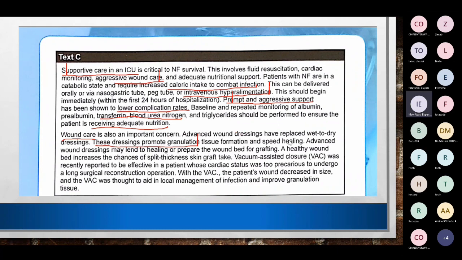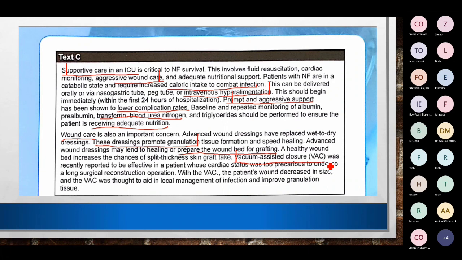Okay, so the next thing that we are going to look at is prepare the wound for grafting, right? Another thing we can also see is vacuum assisted closure.